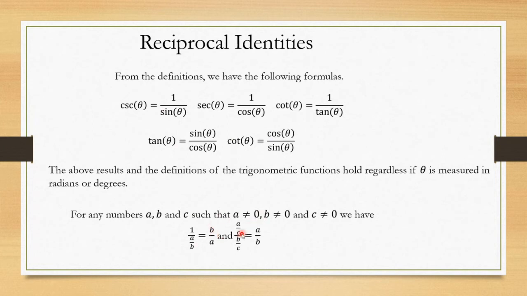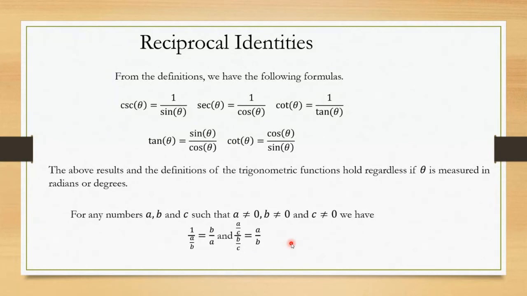Also, this is really just from how you divide fractions. 1 fraction divided by another turns out to be this. Essentially here, the c's, these denominators, cancel, and you're left with a and b. That's what happens here. Okay? All right. Those are the reciprocal identities.